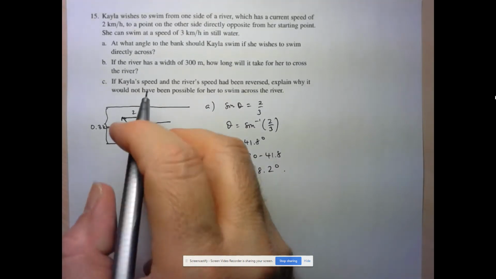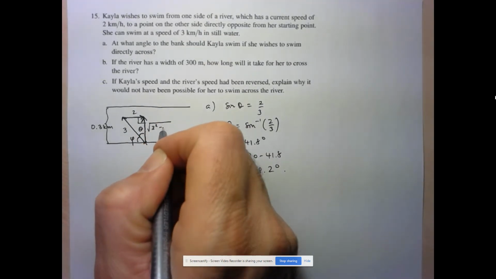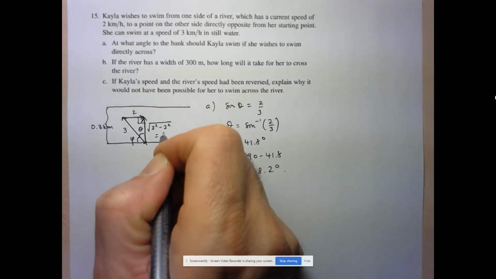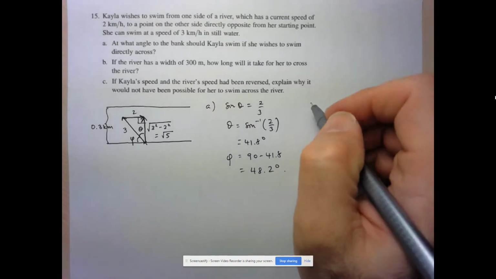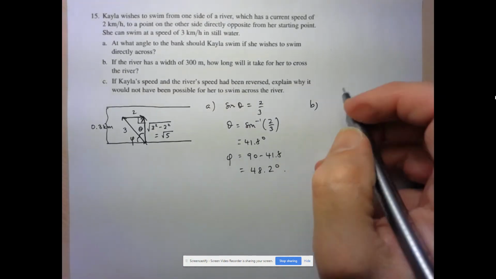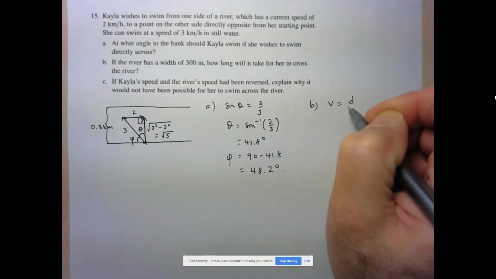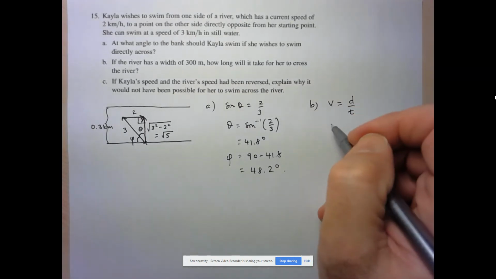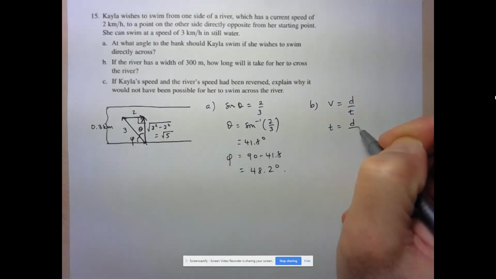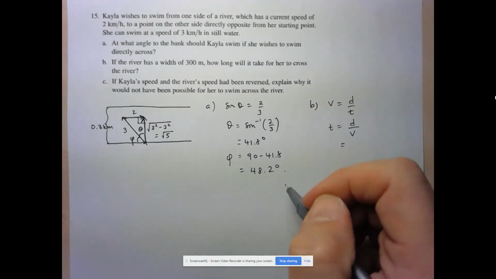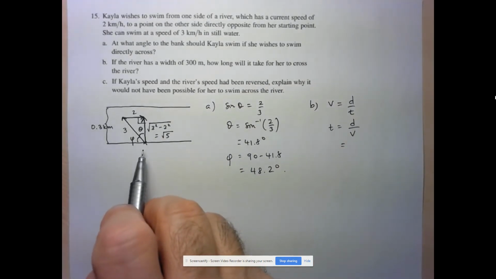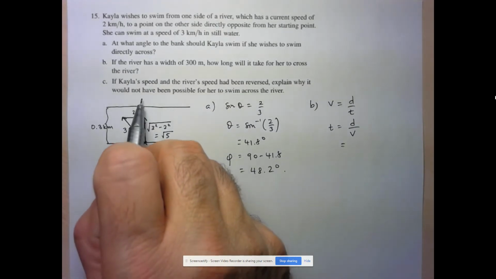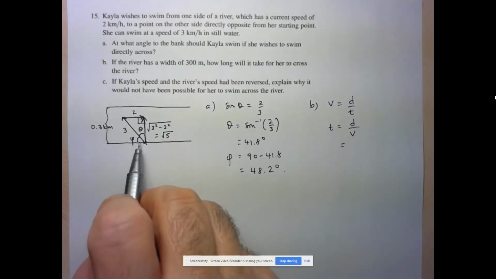Here I'll just do it in the diagram, since I can just use Pythagoras, so this is just going to be the square root of 3 squared minus 2 squared, so square root of 9 minus 4 is root 5. Now in B, I can use my relationship that velocity is distance over time, do a little rearranging, so time is distance over velocity. Again, we're talking about the time it takes to actually go across, so that's why I'm going to work with this vector here.